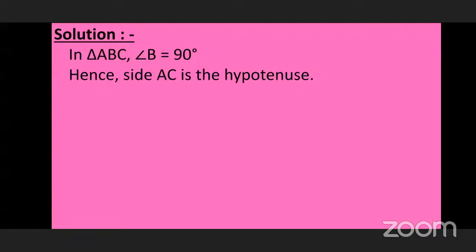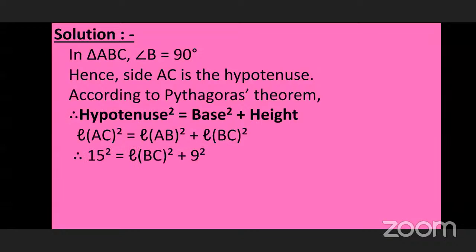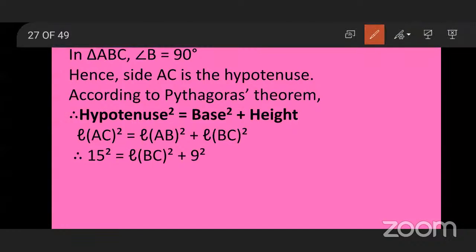Now see the solution. In triangle ABC, angle B is 90 degree. Therefore, AC is the hypotenuse. And according to Pythagoras theorem, hypotenuse square equals base square plus height square, where AC square equals AB square plus BC square. And we will substitute the values.